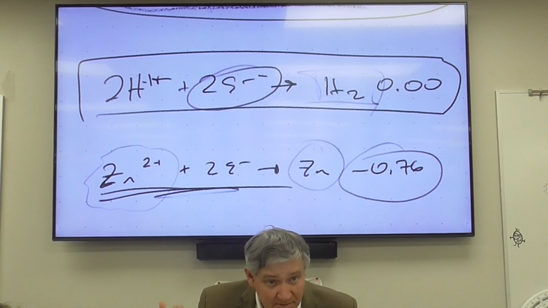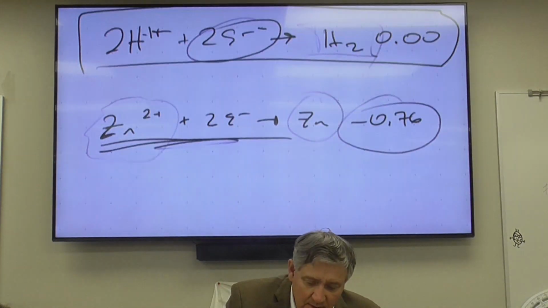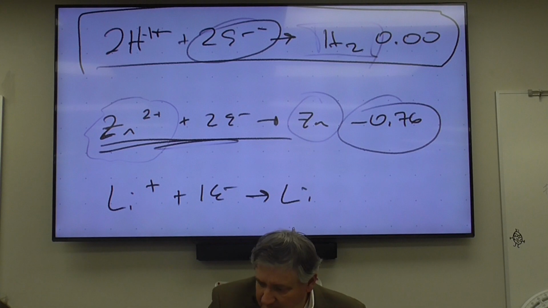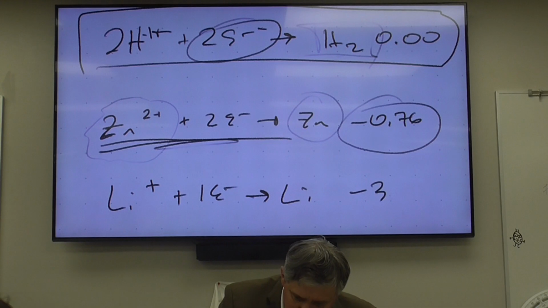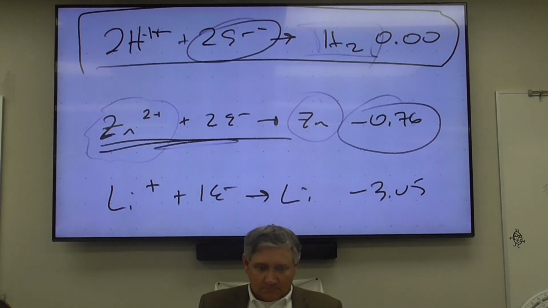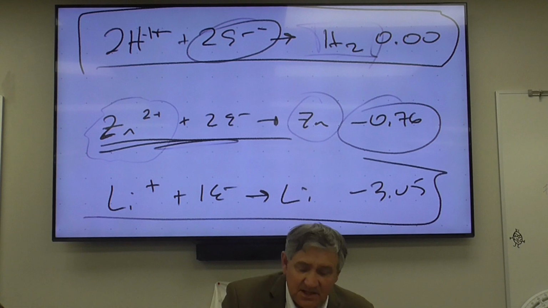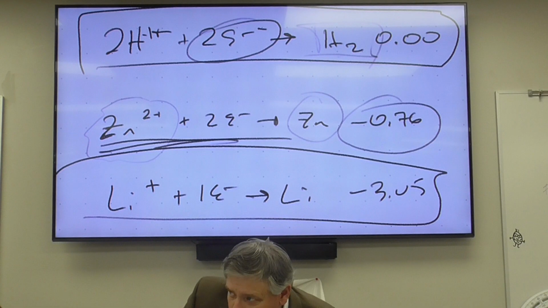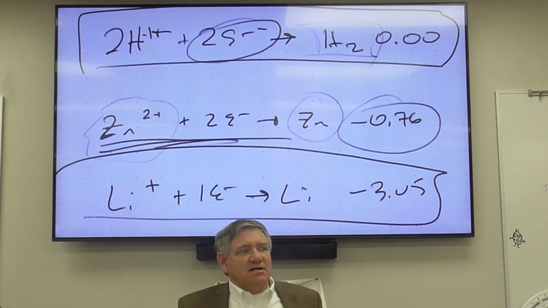If you go way down to the bottom, you have lithium plus an electron becoming elemental lithium, and that's negative 3.05. So what that means is that this is horrible. Lithium is horrible at being an oxidizing agent.